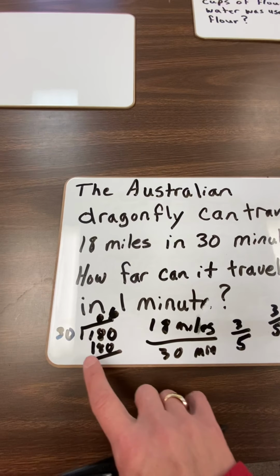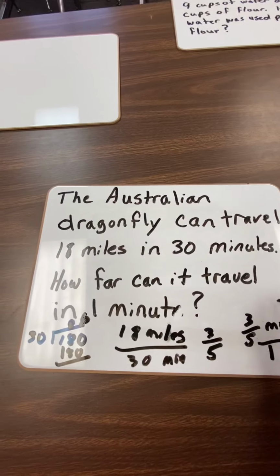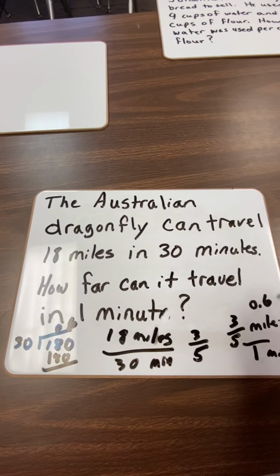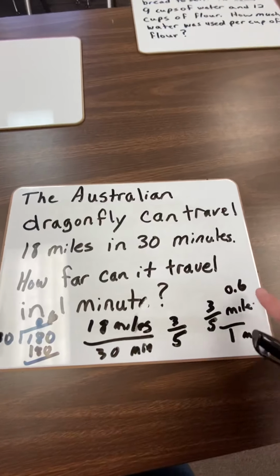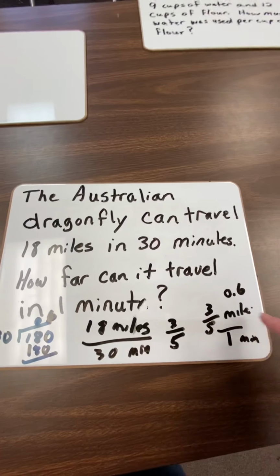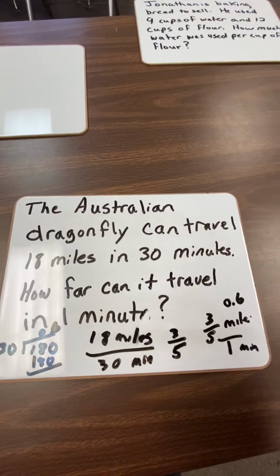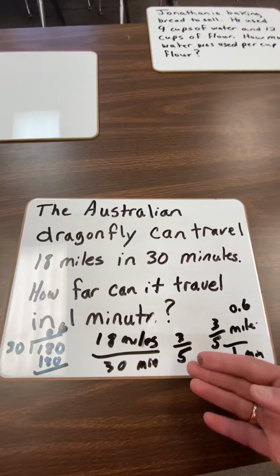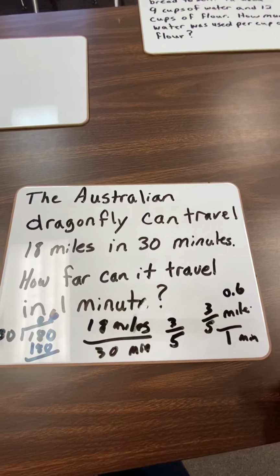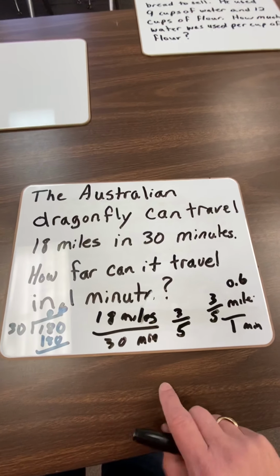So 6 times 30 is 180, so 6/10. It could also be 6/10 of a mile if you wanted to write it as a decimal. So either one of these, 3/5 of a mile in 1 minute or 6/10 of a mile in 1 minute. These two are equivalent. One's in fraction form and one's in decimal form. Okay, so whichever way you choose to do that.